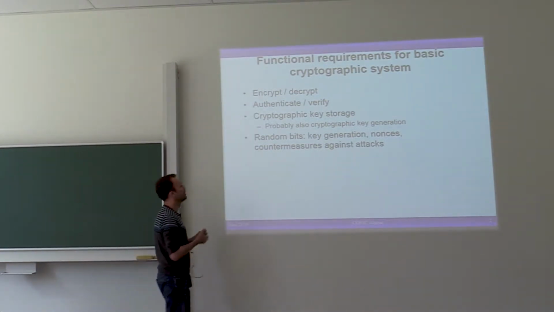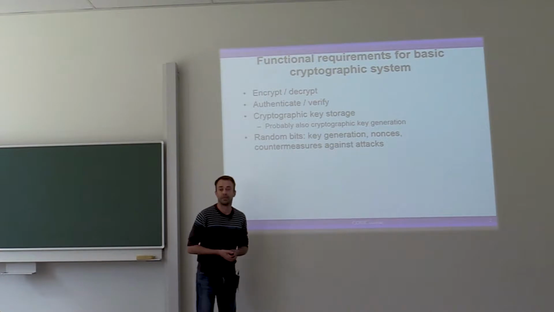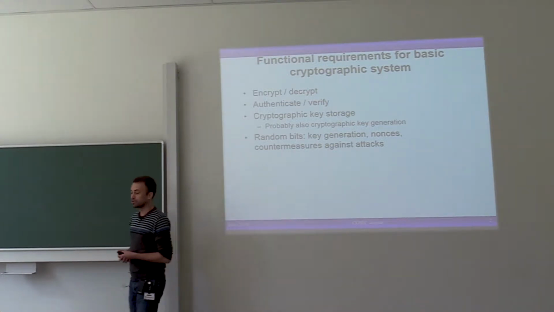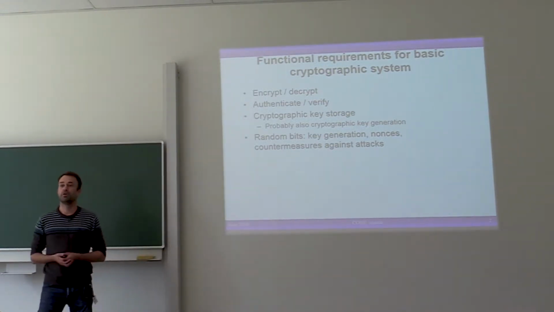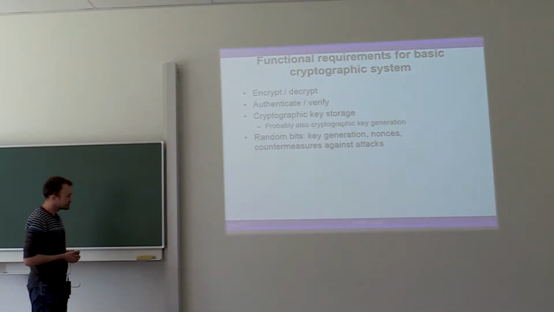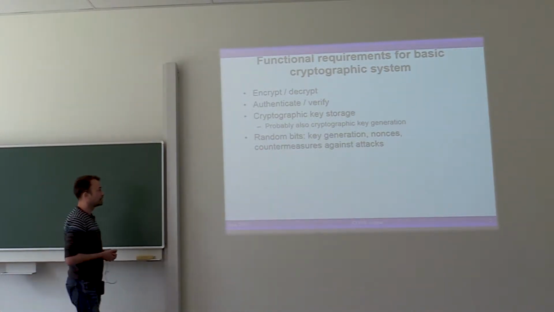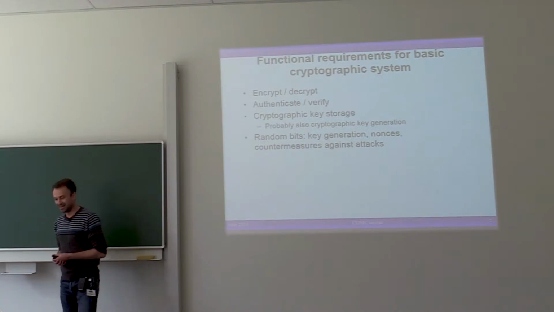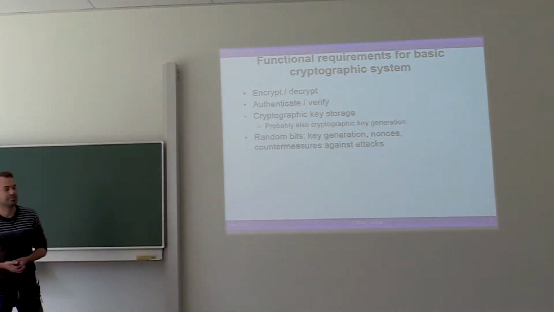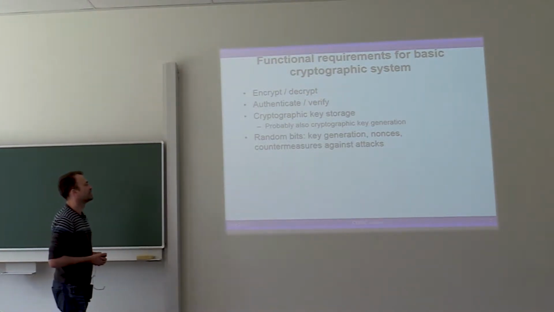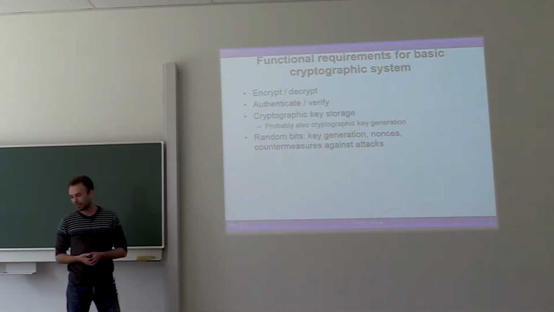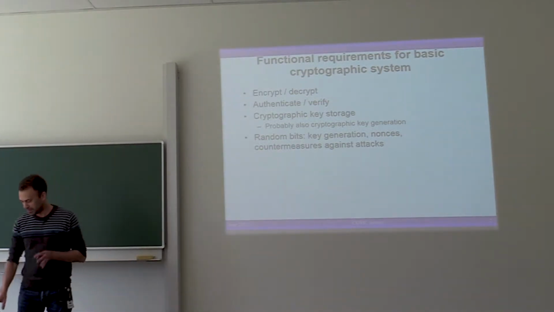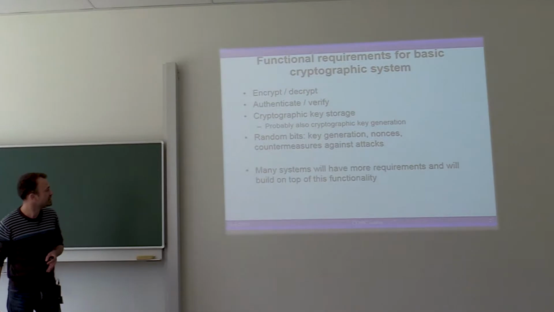So we need them, for example, to generate keys. Many protocols require random bits for nonces and similar things. And later today, you will hear how we use random bits to protect implementations against attacks. Okay? So this is really just a very basic set of requirements.